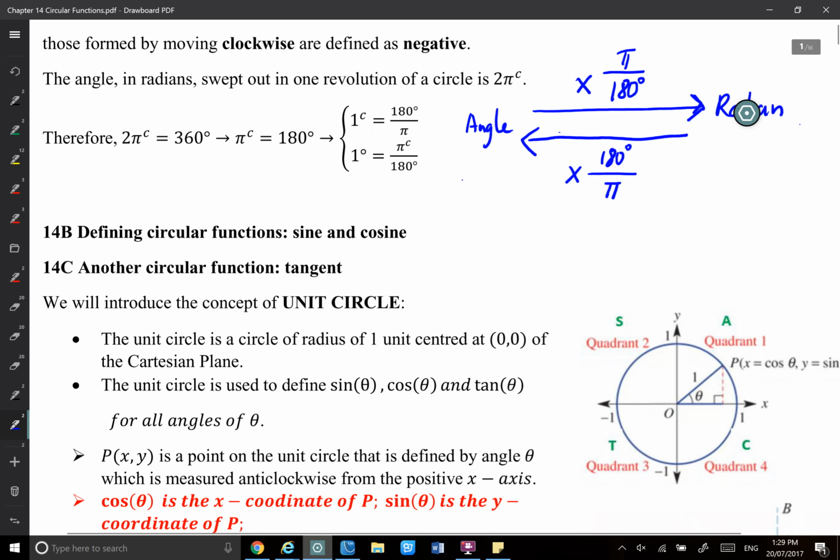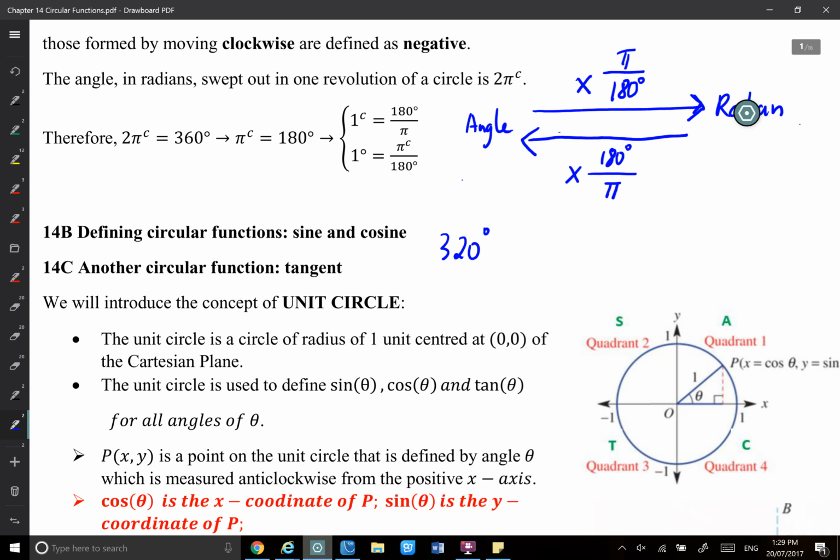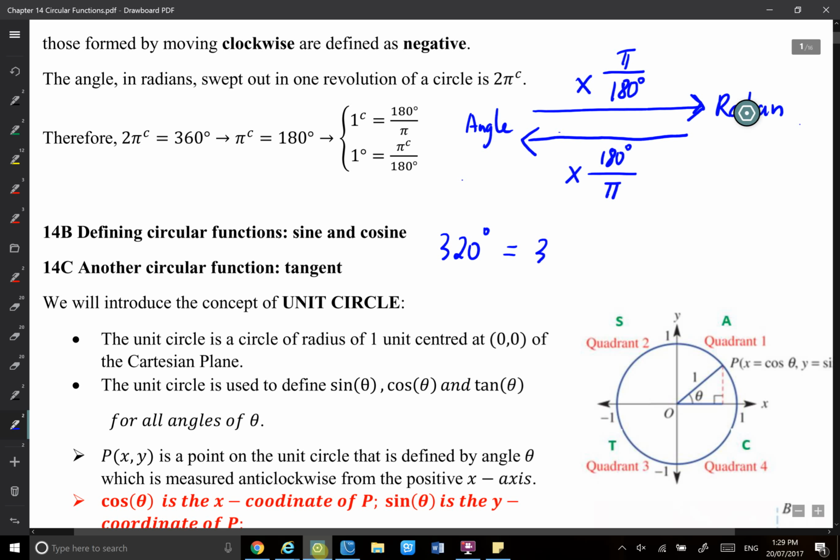Just a simple example. Let's say we have 320 degrees. How many radian is that? This equals this times pi over 180.